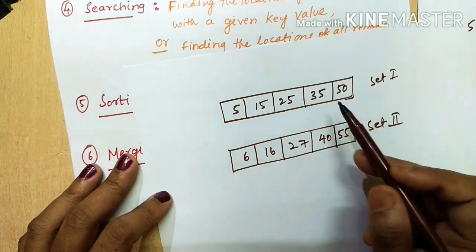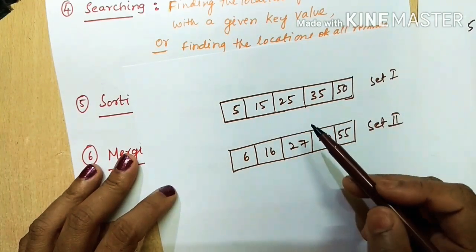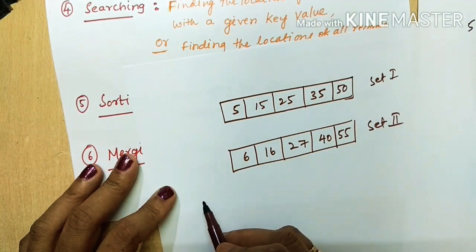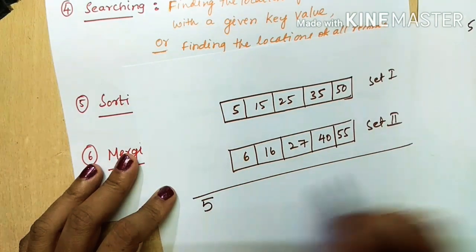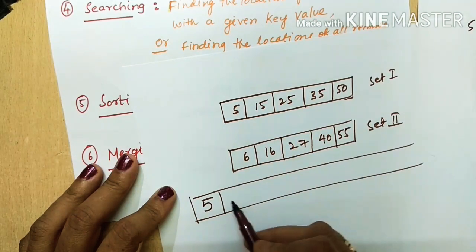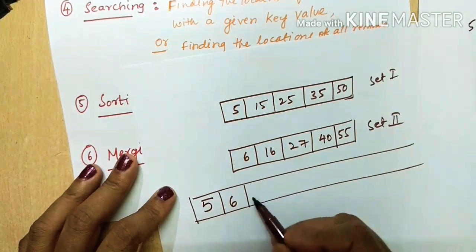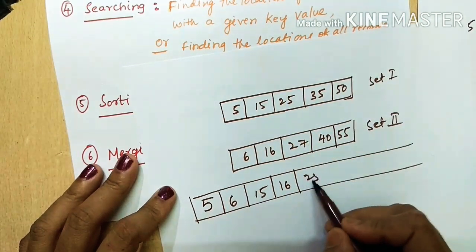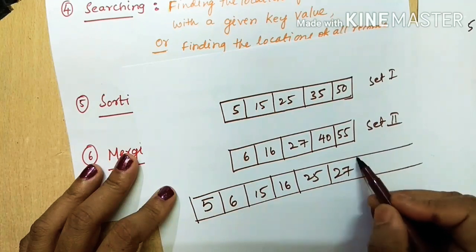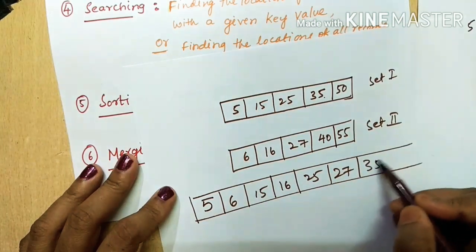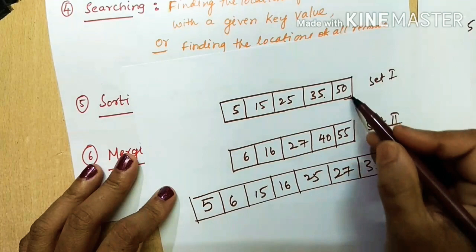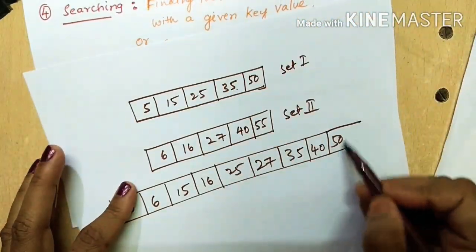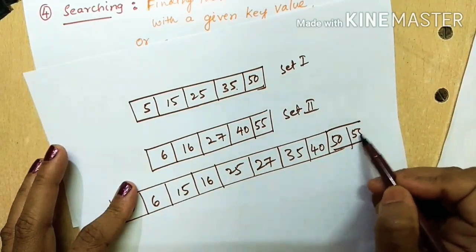So finally, if I merge, that is combine, these two sets, how do I arrange? See here: 5, 6, next 15, next 16, next 25, next 27, next 35, next 40, next 50, and finally the last element 55.